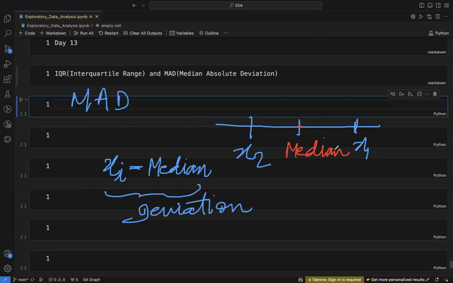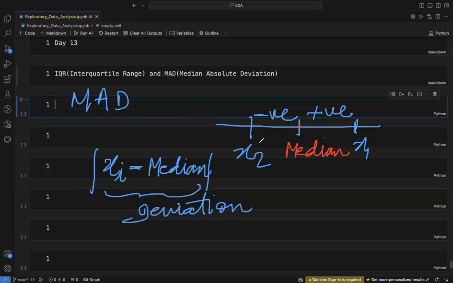And I'm taking the absolute value. This is the symbol of absolute value. Because x1 is on one side of the median and x2 is on the other side, one value will come out positive and the other negative.